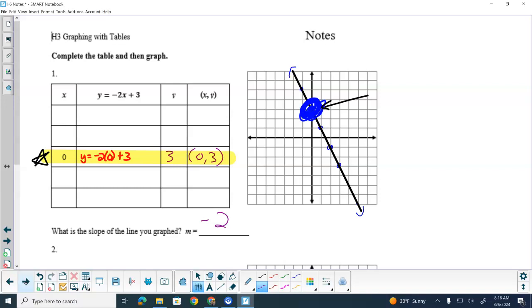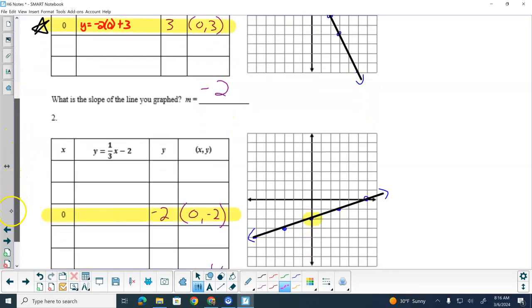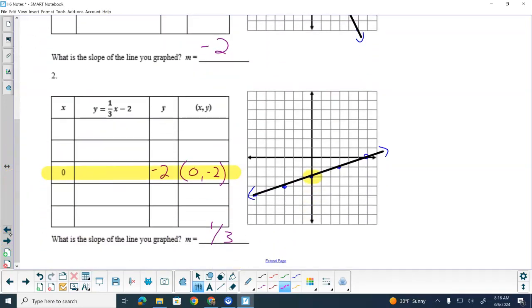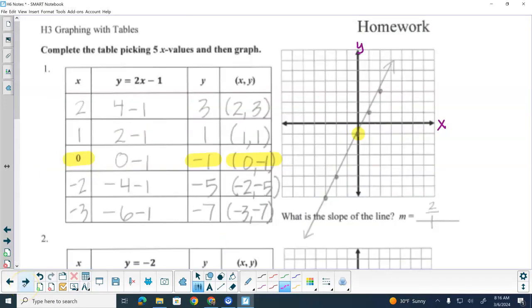I draw your attention to that. This one said that the y-intercept was -2. I draw your attention to that. On this one, it said that the y-intercept was -1. I draw your attention to that.